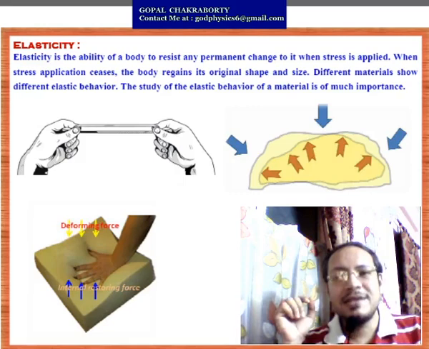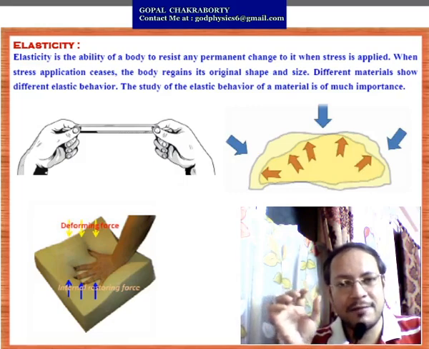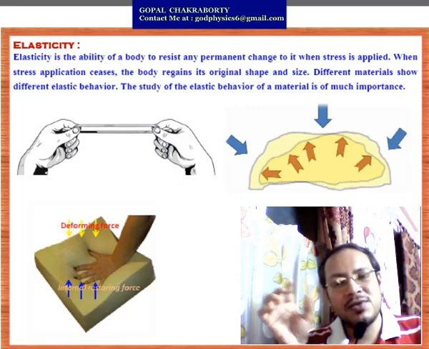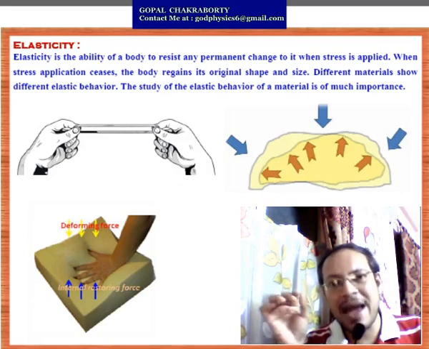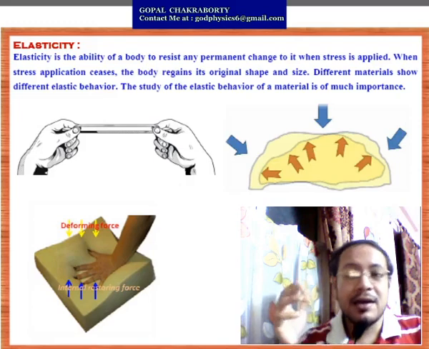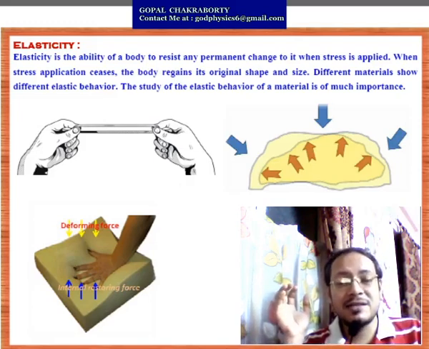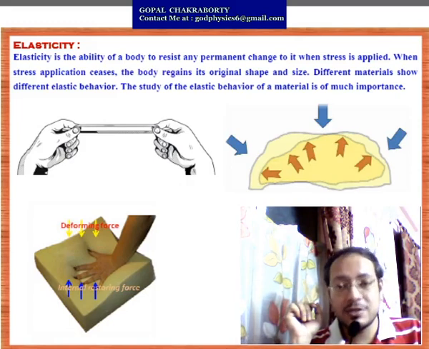Here I have shown you some examples. First, consider a rubber band. If you stress the rubber band, you feel it will try to come back to its original position and shape. Why? As I have told you, as per Newton's third law, for every action there is an equal and opposite reaction.